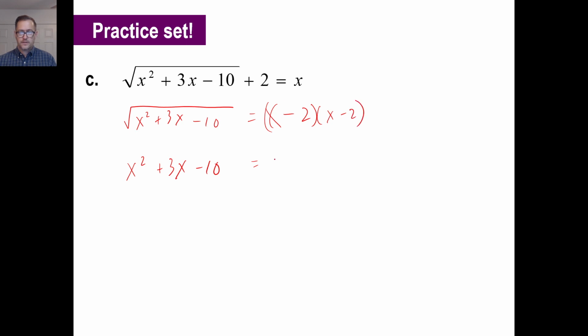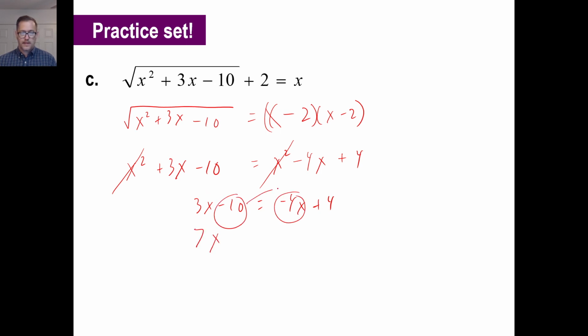So x times x is x squared, x times negative 2 is negative 2x, another negative 2x gives you negative 4x, and then 2 times 2 is 4, okay? Nicely, my x squareds cancel out. And I have 3x minus 10 equals negative 4x plus 4. Bring this over, that turns into 7x. Bring that over, and it turns into 14, and x equals 2, we say.